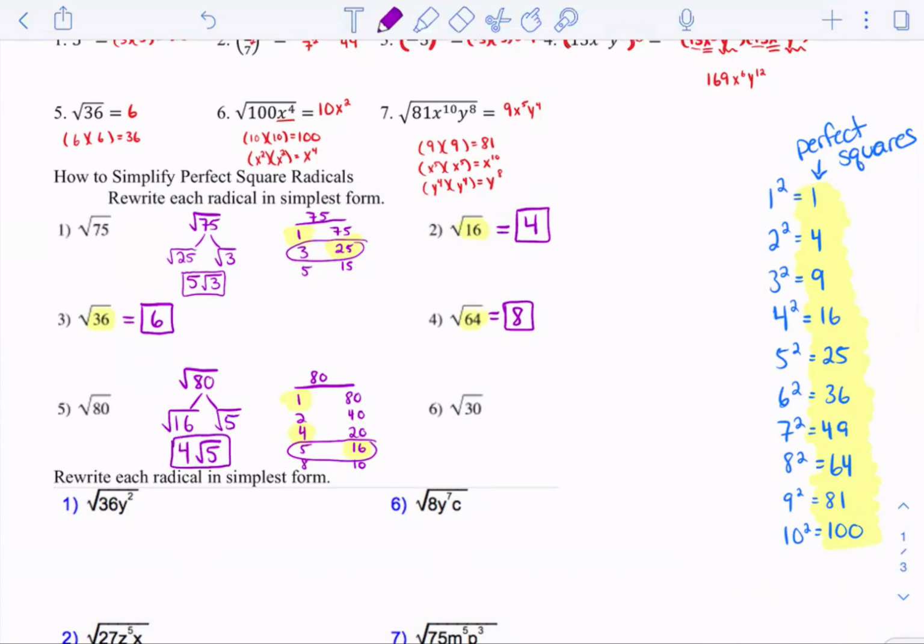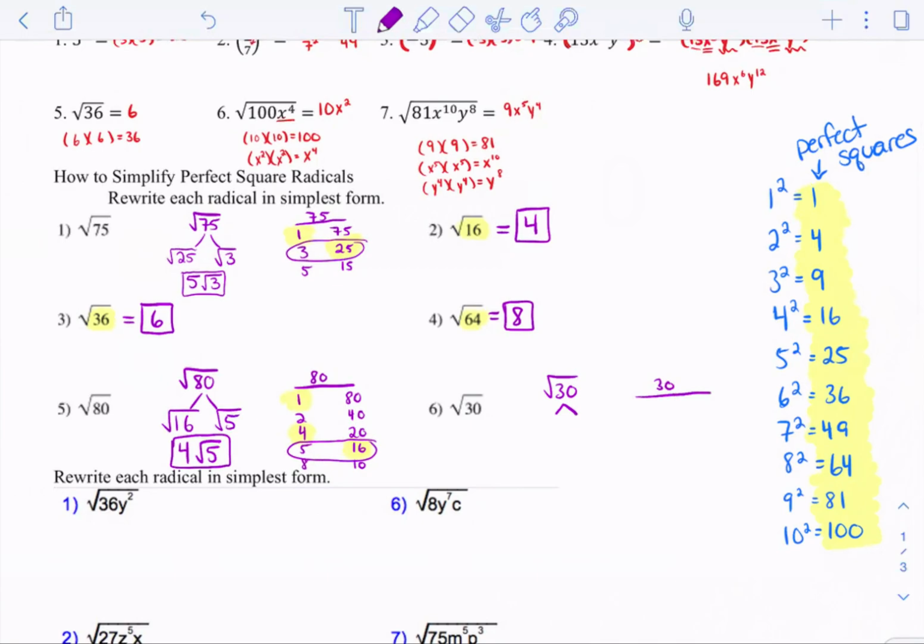And then the last one, I have the square root of 30. 30 is not here. It should be between 25 and 36, but it's not there. So I have to simplify it. So now I need to go get the factors of 30.